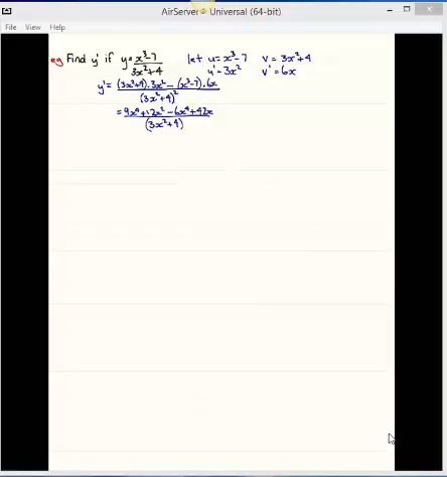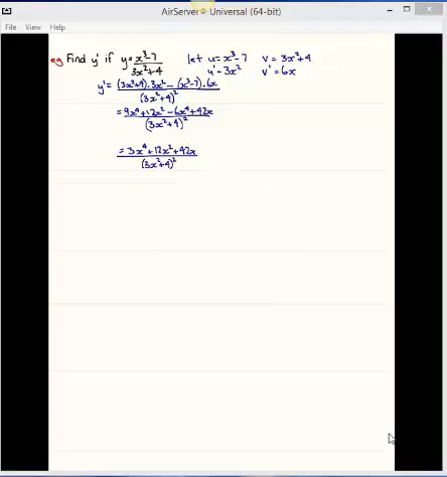There's some instances where it might work, but when it gets really complicated like this, you're better off just leaving it factorized. And then we're just going to simplify our like terms. So we're left with 3x to the power of 4 plus 12x squared plus 42x, and that is all over 3x squared plus 4 all squared.